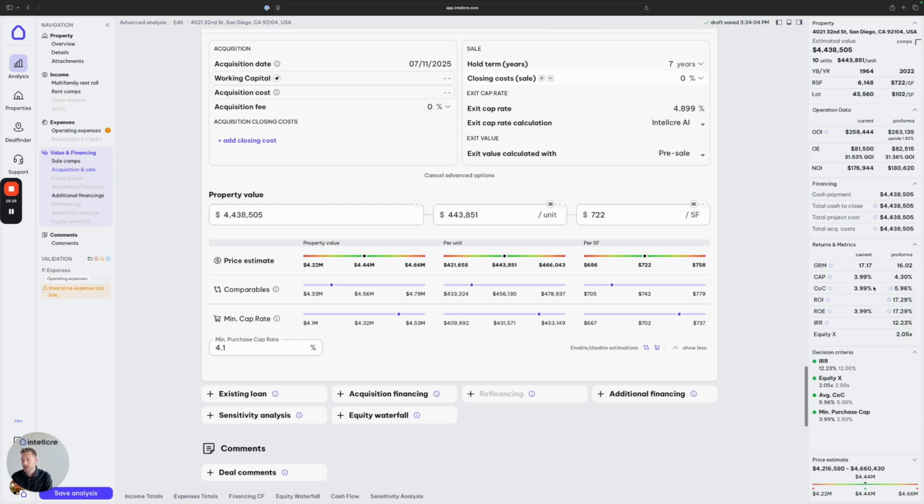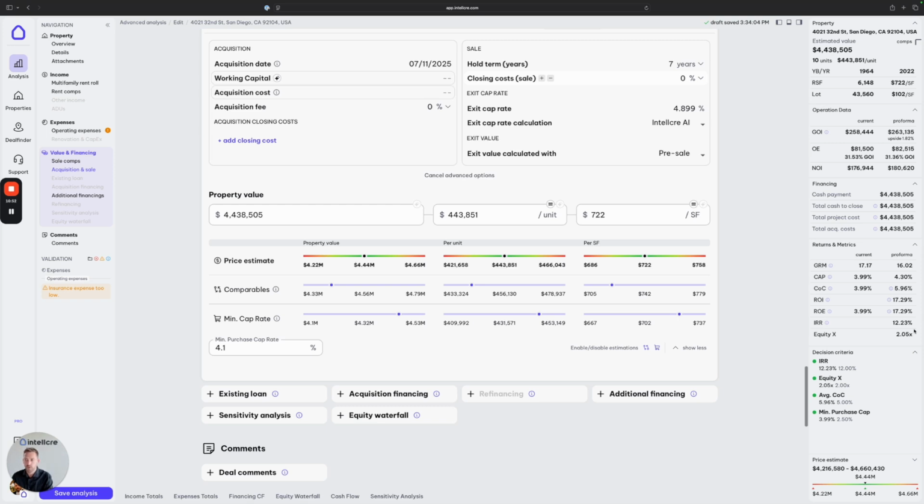And on the right sidebar, we see all our returns and metrics, such as GRM, cap rates, cash on cash, return on investment, return on equity, IRR, equity multiple. And we can make sure that this is actually something that's passing our criteria, and that this is or would be passing criteria for our buyers in case we're the ones selling this deal. And we want to find, and we can find the equilibrium, really the optimal price for this deal, or what the price should be.